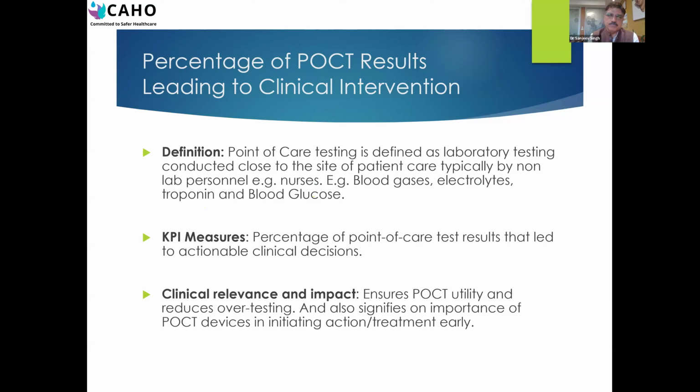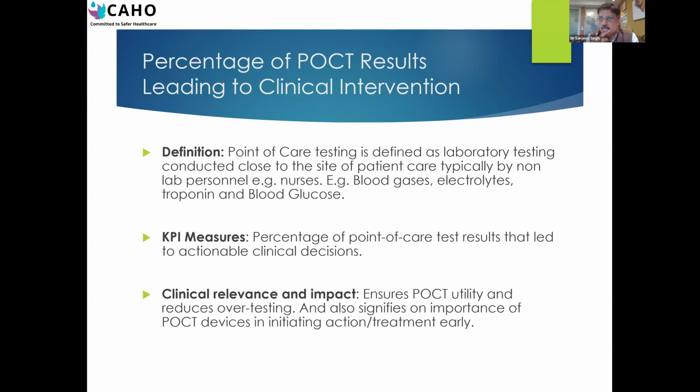One of the groups which defines what constitutes POCT is CLSI guidelines internationally. Nationally, they have yet to adopt. ICMR has released guidelines on POCT, which have also been debated, but they have released these guidelines more so for areas like PHCs and CHCs where the lab is not there, so point of care tests can be introduced and immediate clinical decisions can be taken.